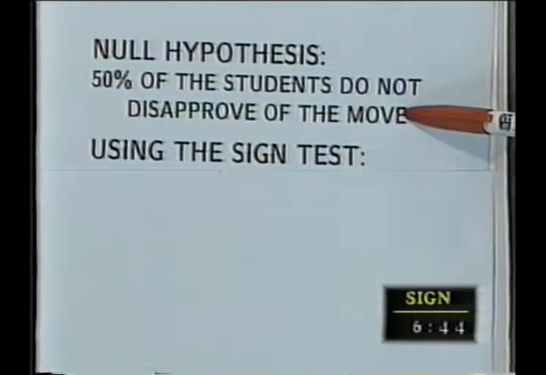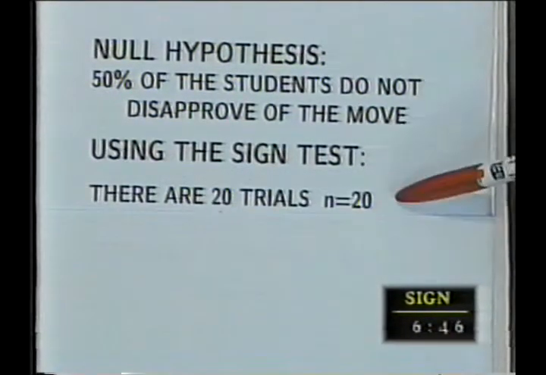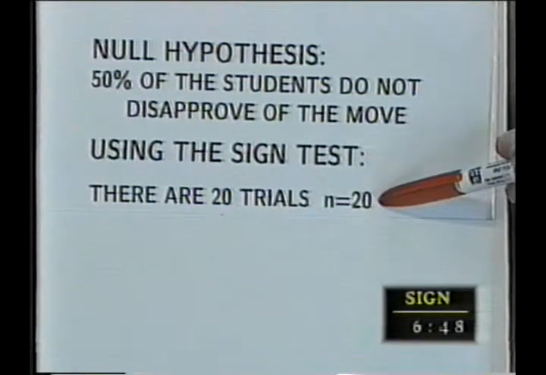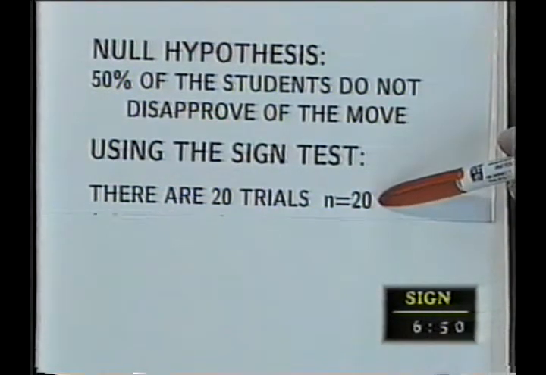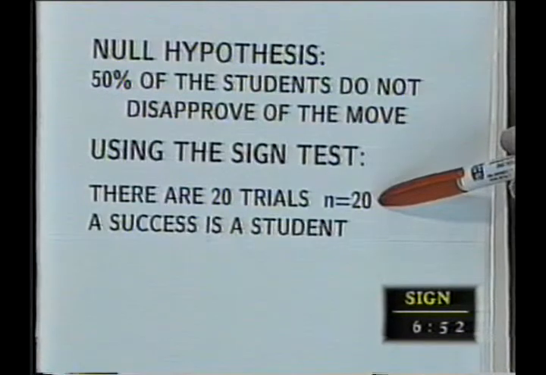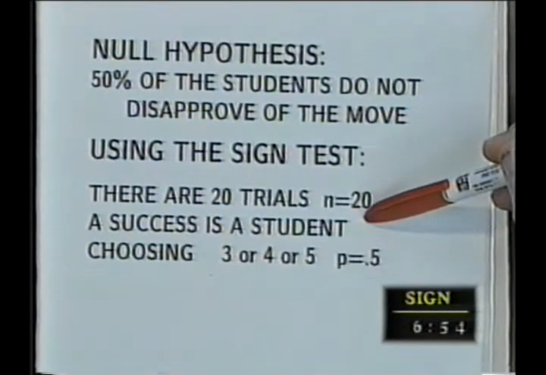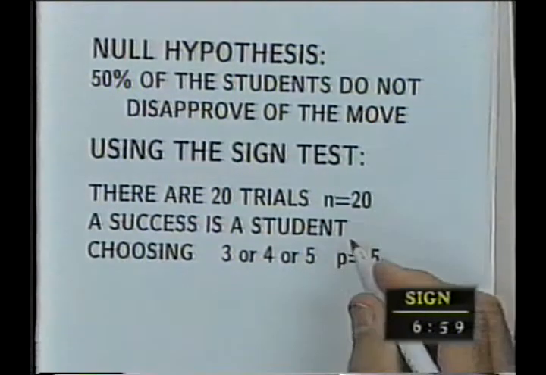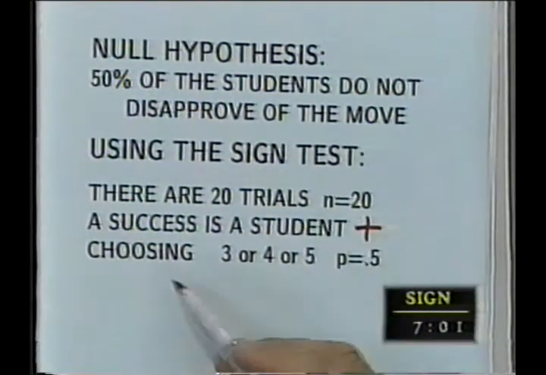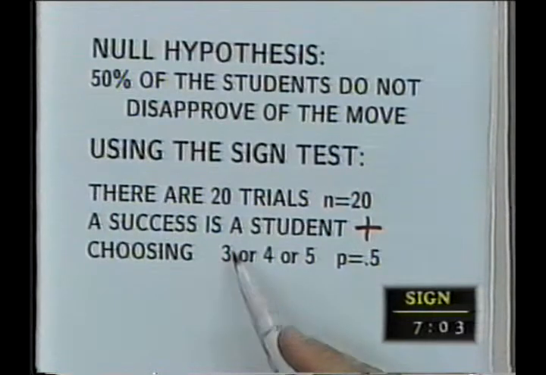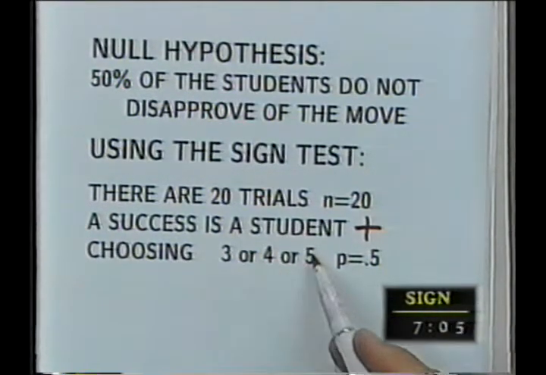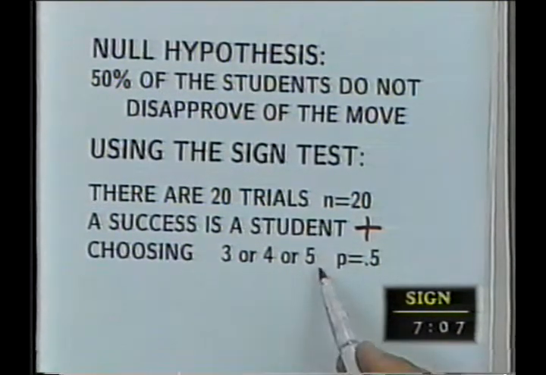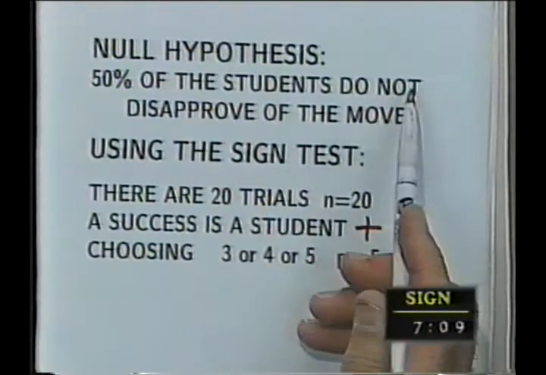We're going to do it using the sign test. Since there are 20 trials, 20 students, each one asked whether they approved or disapproved, I will say a success, a plus, is a student choosing 3, 4, or 5. That is neutral, mildly approve, strongly approve. We'll say that's a success because a student does not disapprove.